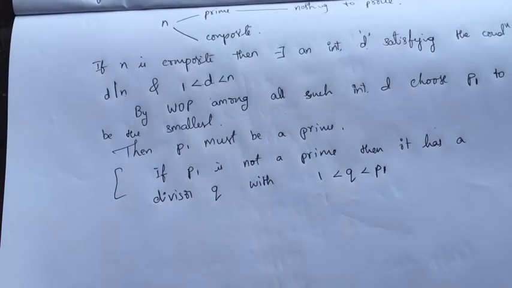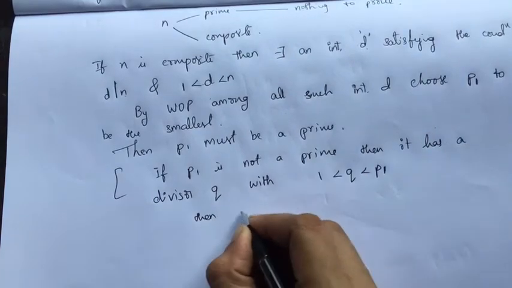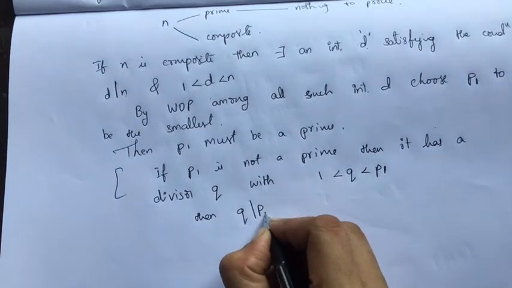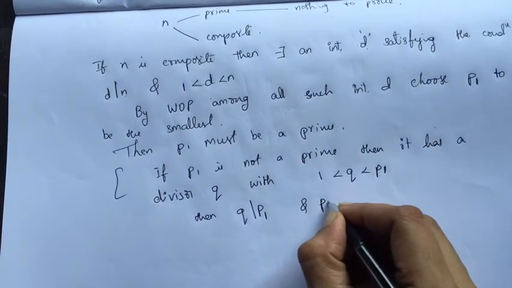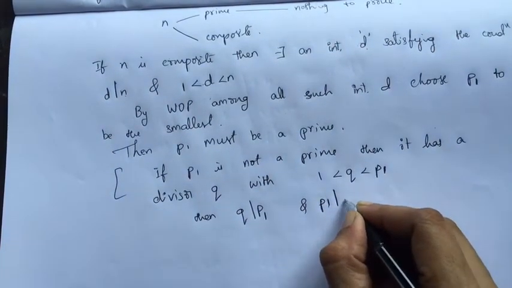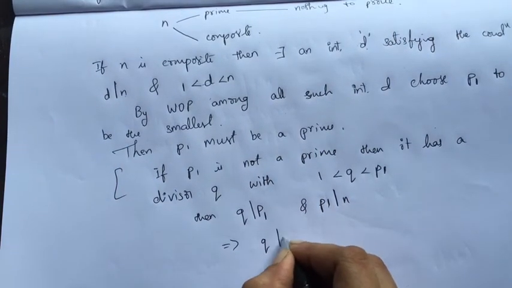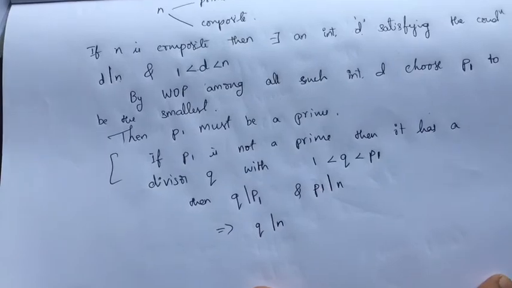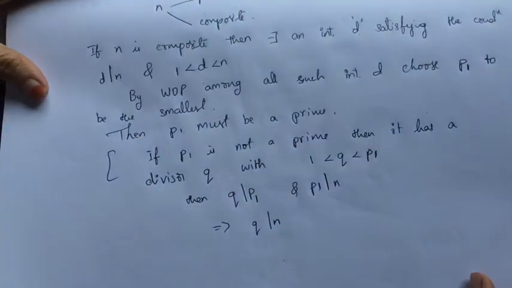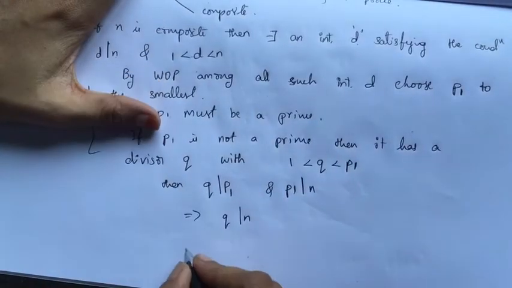Then, since it is a divisor, this Q should divide P1. Q divides P1, and also I know P1 divides N. It just implies that Q divides N, which contradicts the fact that P1 is the smallest divisor of N.